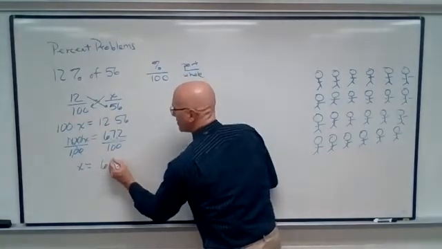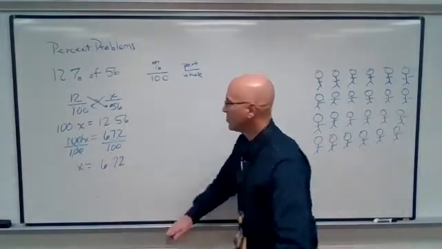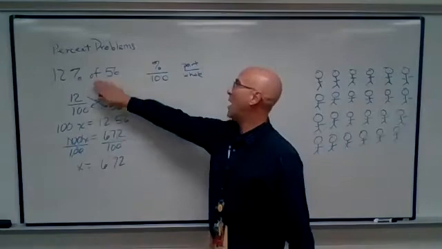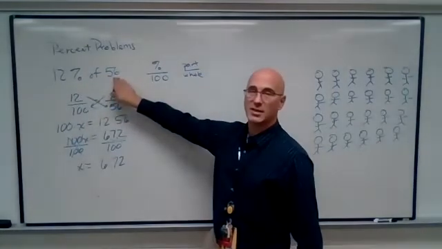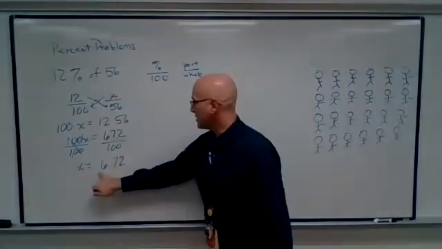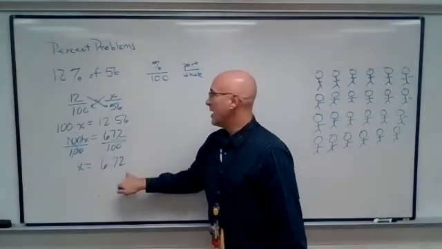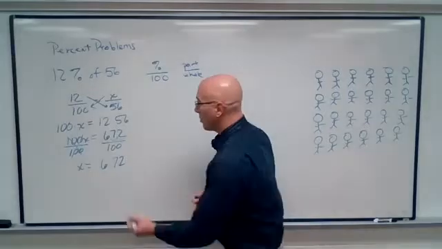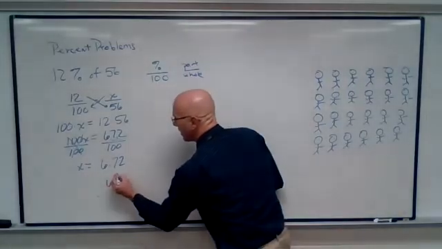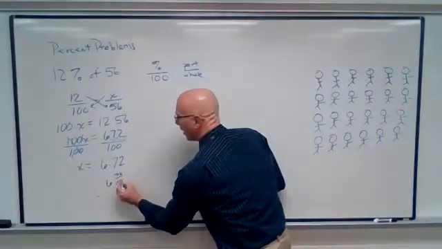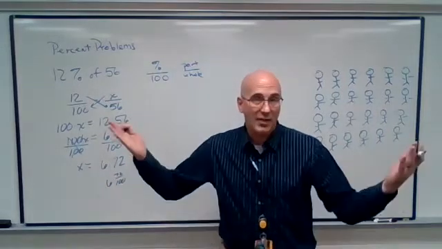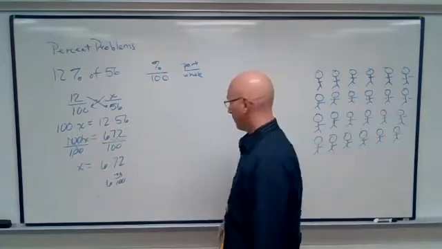So we have 6.72. So 12% of 56 is 6.72. If you really wanted to write it as a mixed number, you could write it as 6 and 72/100ths, and then start reducing if you would like. That is completely up to you.